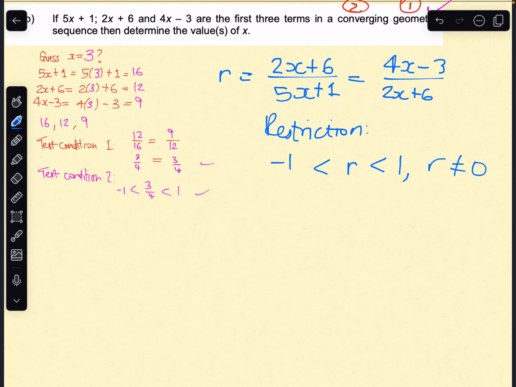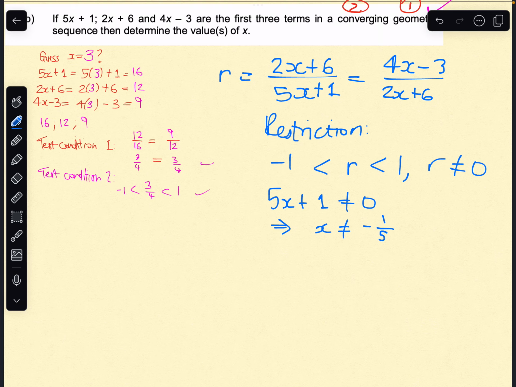Okay, so now let's go ahead and solve this equation. I guess another restriction would be that 5x + 1 can't be equal to 0, which means that x can't be equal to -1/5.